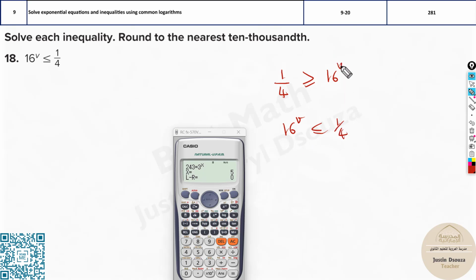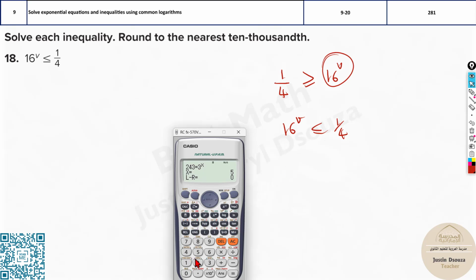This is also fine. Make sure whichever x or the variable is there is written first. But when you write it first, what is the inequality pointing towards? It's the less than symbol. So this less than is pointing towards the variable, and the open side is towards 1/4. So these both are equal.